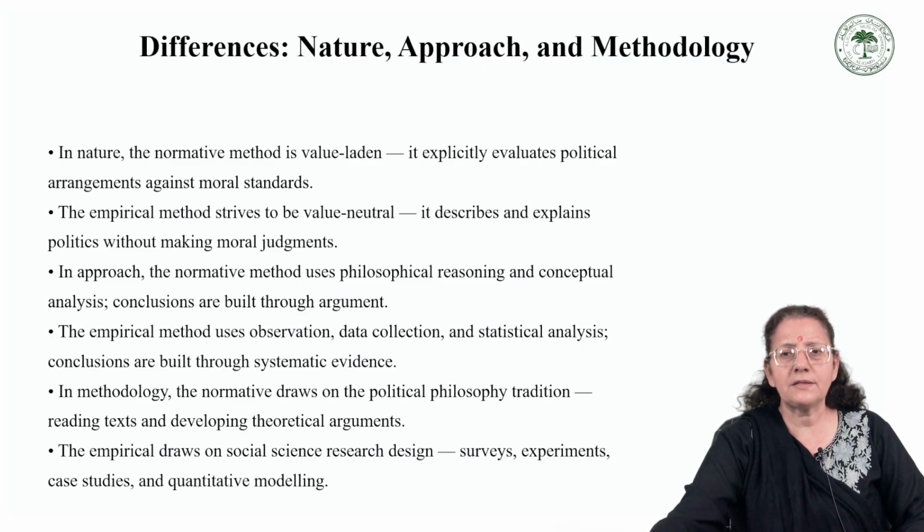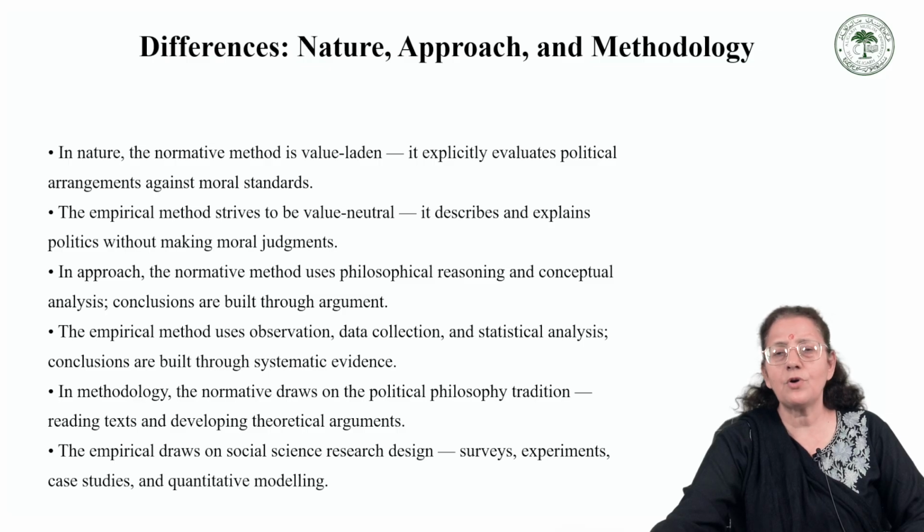The empirical method, by contrast, strives to be value neutral. It studies political phenomena without making moral judgments about them. Its goal is objective description and explanation, to tell us what is and not what ought to be.